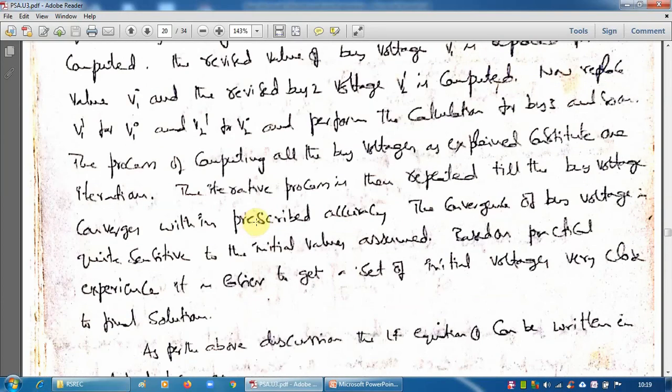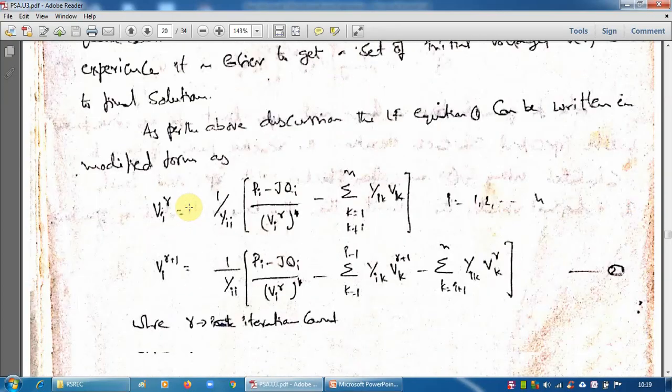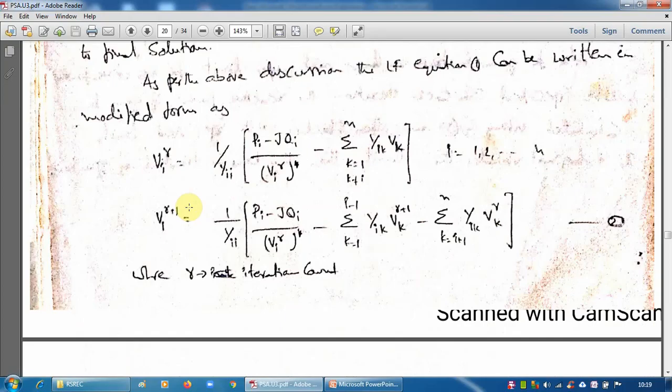Like that we can calculate all the variables, V1 to Vn, and all these variable calculations constitute one iteration. So the values obtained at the end of the first iteration are V1 of 1, V2 of 1, V3 of 1, and so on up to Vn of 1. This is one iteration over. Next we go for the second iteration.